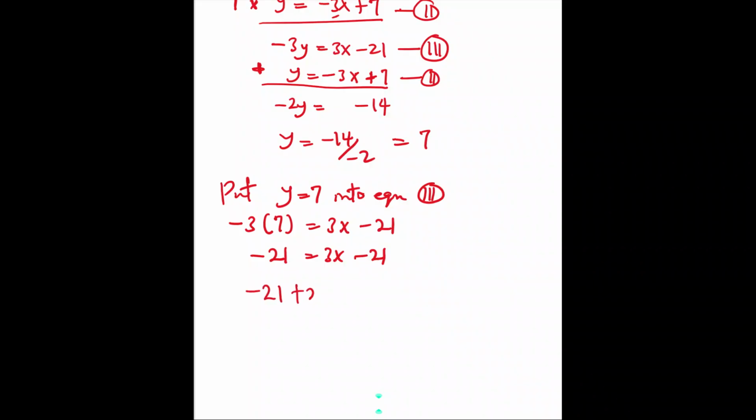Okay, so let's bring this other 21 to the other side. That will be plus 21 equals 3x. So that will be 0 equals 3x. x equals 0 divided by 3. That will be 0. So therefore x equals 0 and y equals 7.